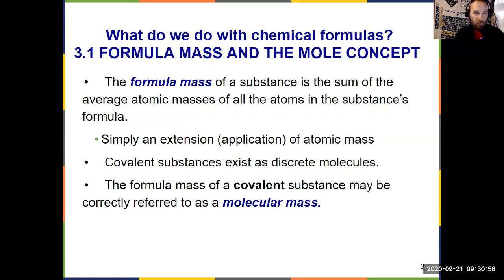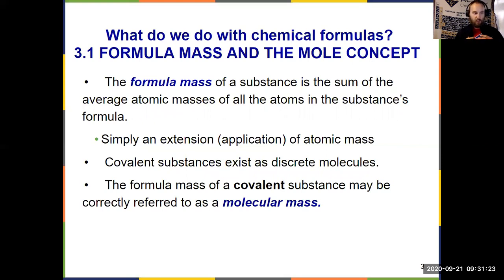So what is formula mass, right? It is the sum of the average atomic masses of all the atoms in the formula. Okay, so an atomic mass is the mass of one atom. A formula mass is the mass of everything that's in a compound. Okay, so it's kind of just an extension of that idea. We can still keep the units the same and think about it as being in atomic mass units.